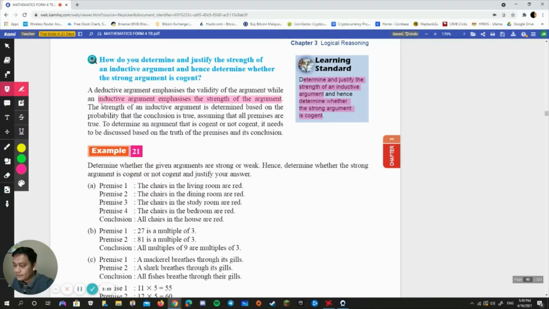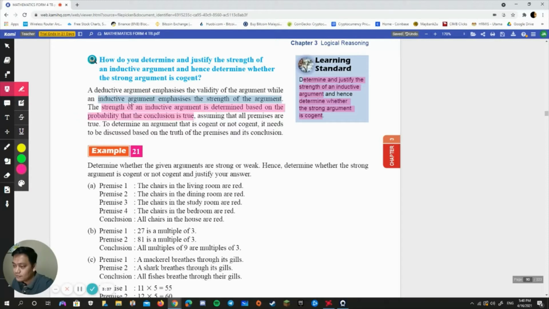The strength of the inductive argument is determined based on the probability that the conclusion is true, assuming all the premises are true.